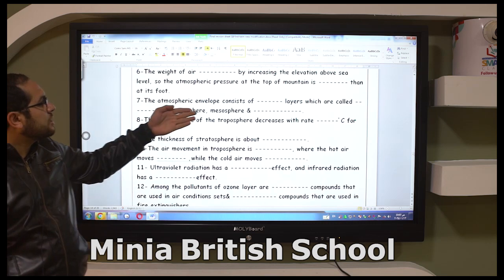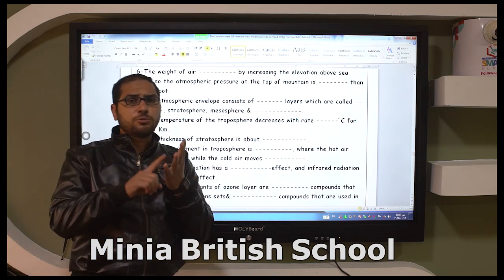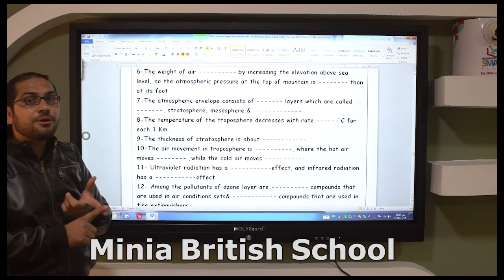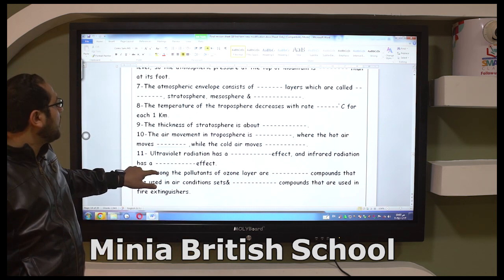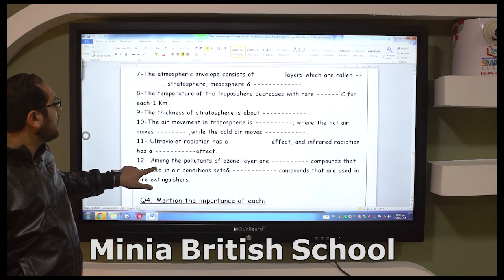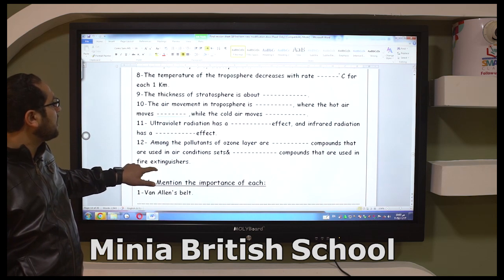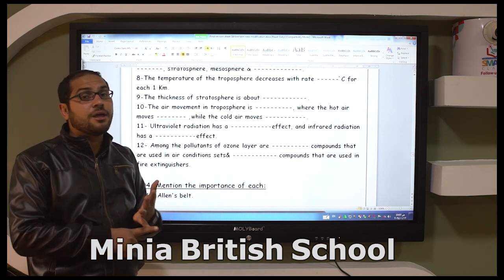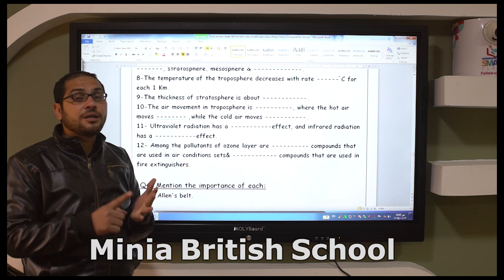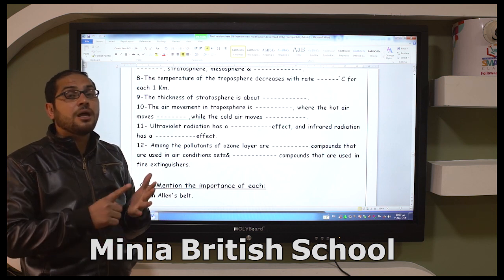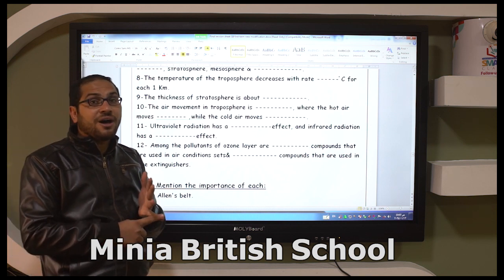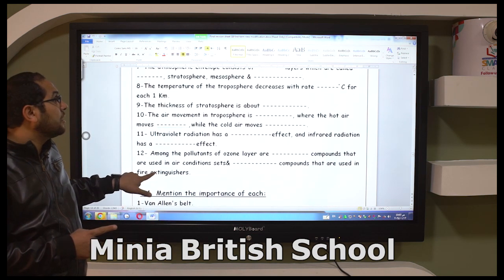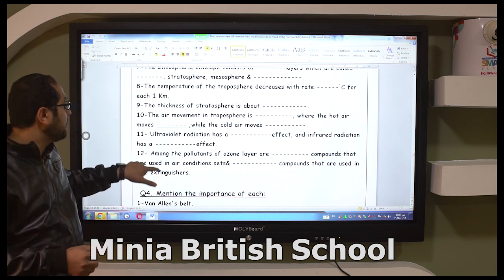The atmosphere consists of 4 layers: troposphere, stratosphere, mesosphere, and thermosphere. The thickness of the stratosphere is 37, mesosphere 35, thermosphere 590 kilometers, while the troposphere is 13.